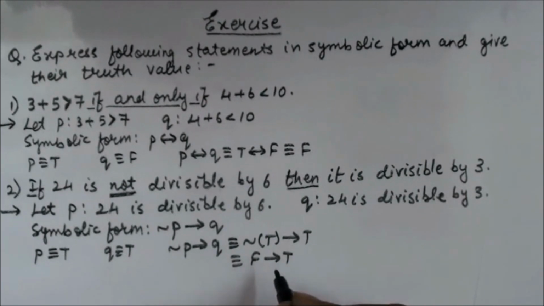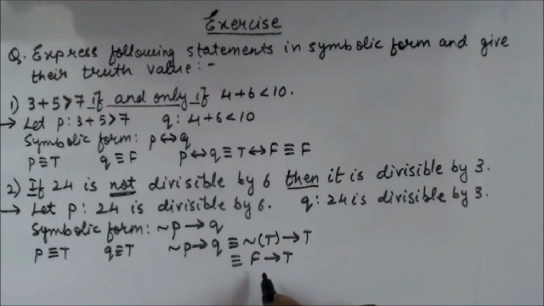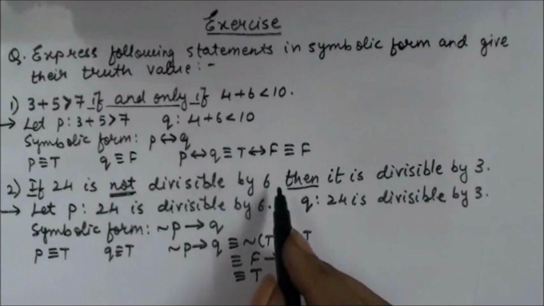And in all other cases that implication will be true. So here we don't have that exceptional case because the first statement is false and the second statement is true. Therefore this implication will be true. So the truth value of this statement is true.